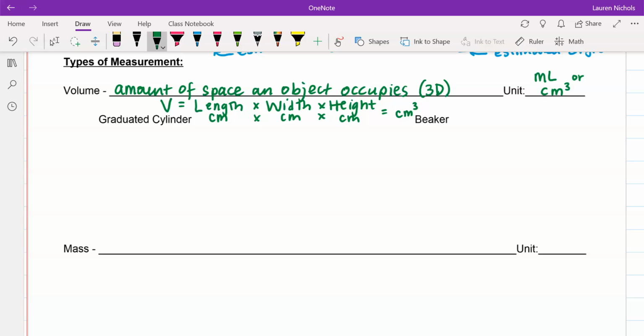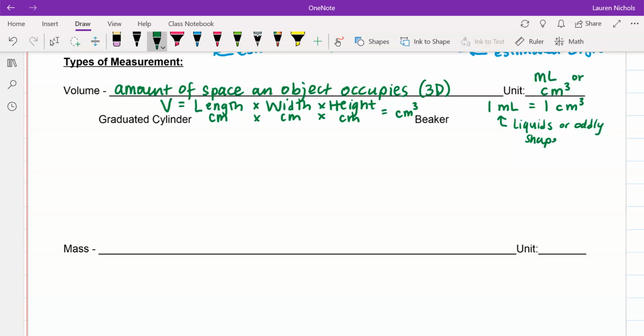Now, 1 milliliter is equal to 1 centimeter cubed. So they're interchangeable. It just depends on which instrument you're using as to what unit you will have. And milliliters is often used for liquids or oddly shaped solids.